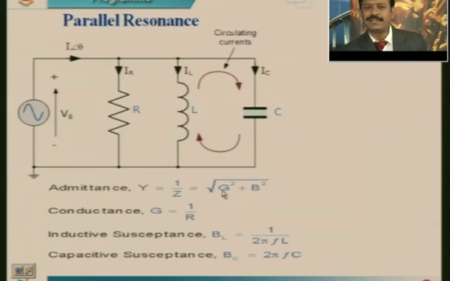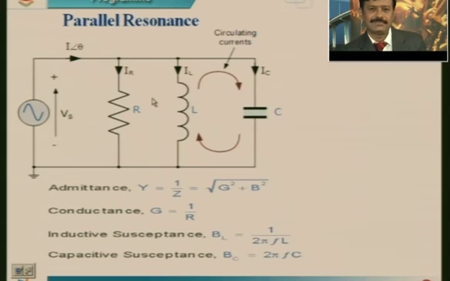Next, the admittance expression is Y equal to 1 by Z. It can be written as square root of conductance squared, G squared, plus susceptance squared, B squared. Conductance G is equal to 1 by R, and the inductor and capacitor have susceptances: inductive susceptance BL and capacitive susceptance BC.